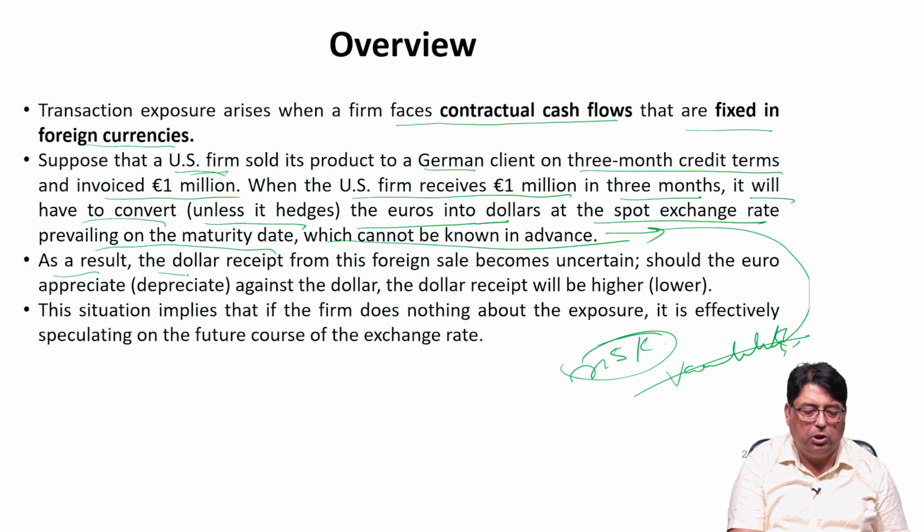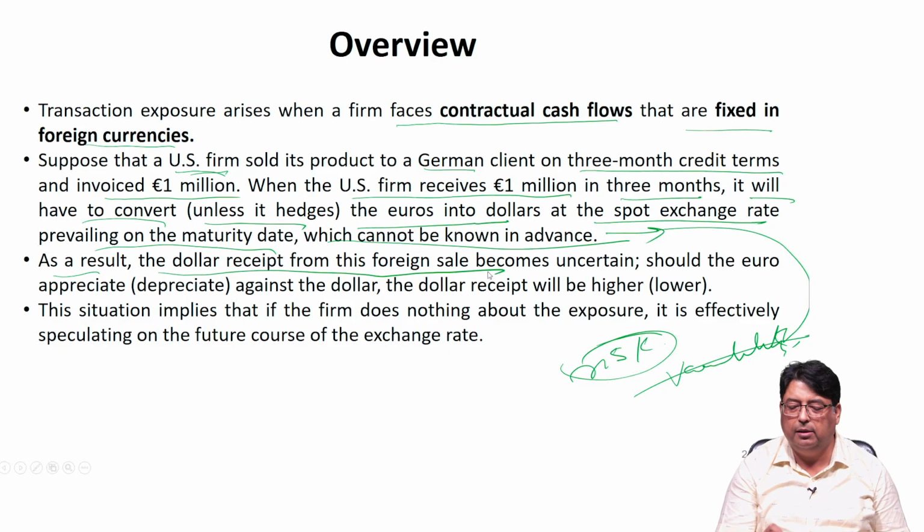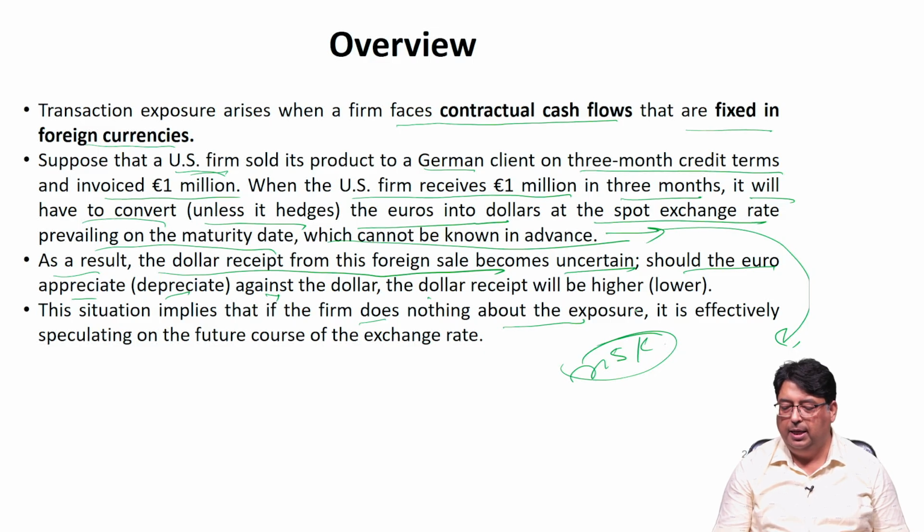As a result, the dollar receipt from this foreign sale becomes uncertain. Should the euro appreciate or depreciate against the dollar, the dollar receipt will be higher or lower, as the case may be. This situation implies that if the firm does nothing about the exposure, it is effectively speculating on the future course of the exchange rate.